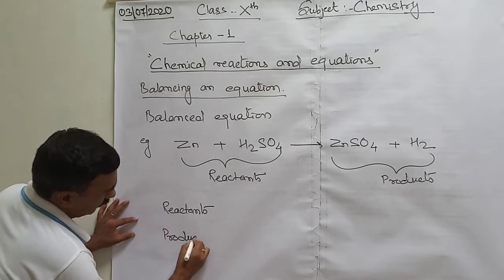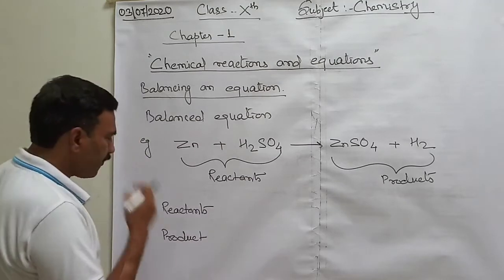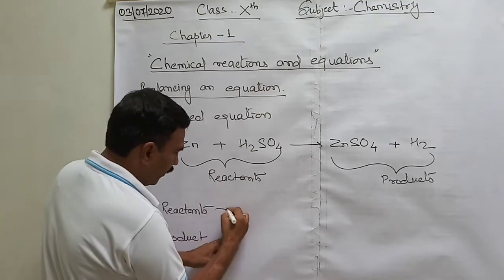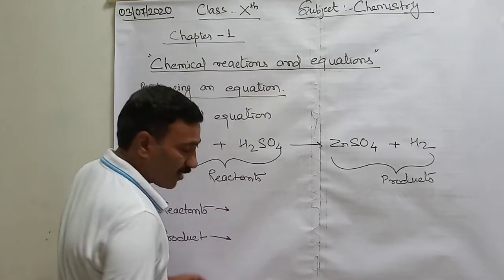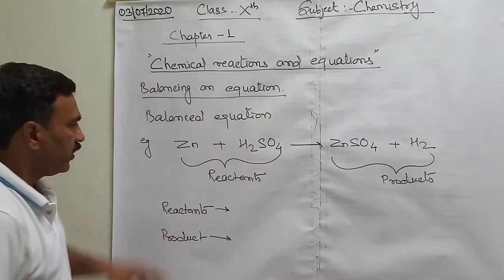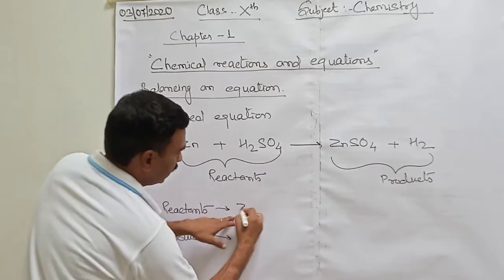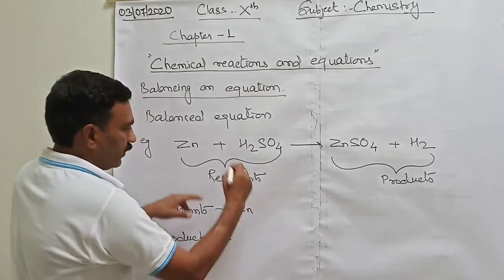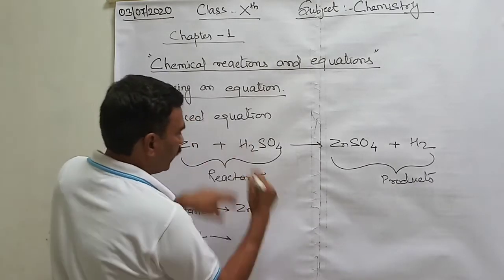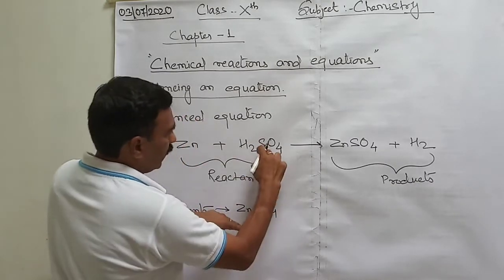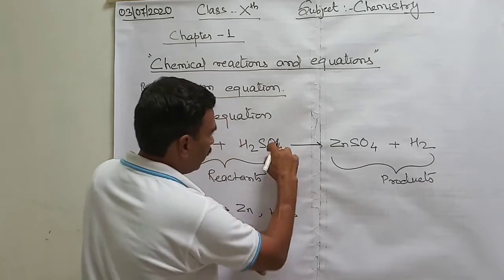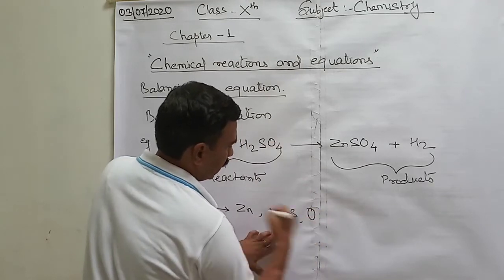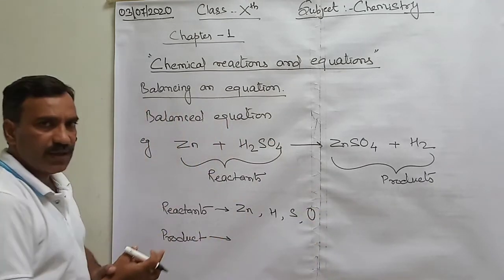First of all, let us see whether all the elements are present on both sides or not. First is zinc, then hydrogen, third sulfur, fourth oxygen. Got it? These are the elements on the reactant side.